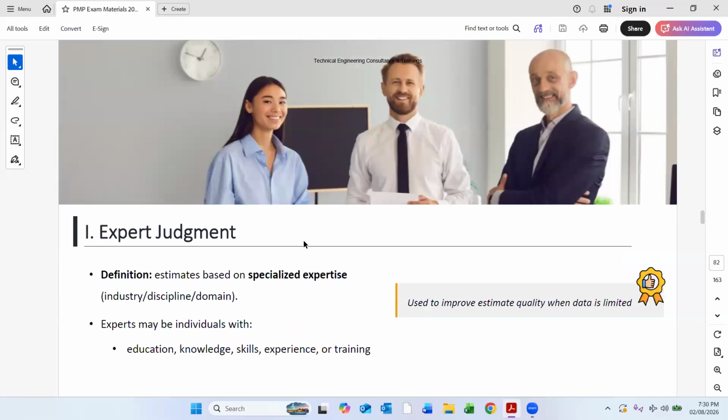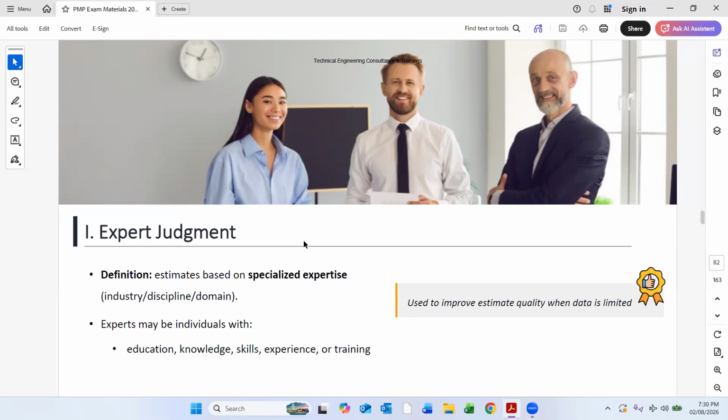Expert judgment is an estimate based on specialized expertise: industry leaders, industry experts, disciplines, and domains. Experts may be individuals with education, knowledge, skills, experience, or training, like the QS quantity surveyor, the planning engineer, the material engineer, the QA/QC engineer.